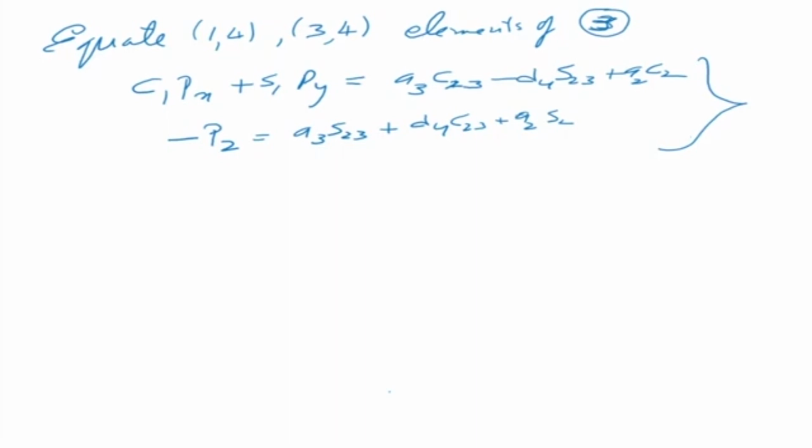So we get 2 equations, and there are 2 unknowns. What are the unknowns? One is theta 2 and the other is theta 3, and theta 1 is already known, so cos 1 sin 1 is already known.